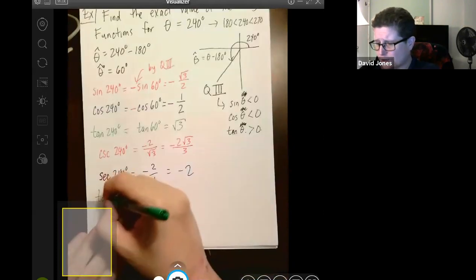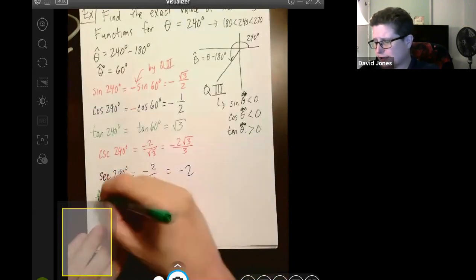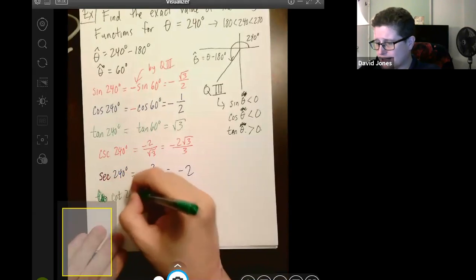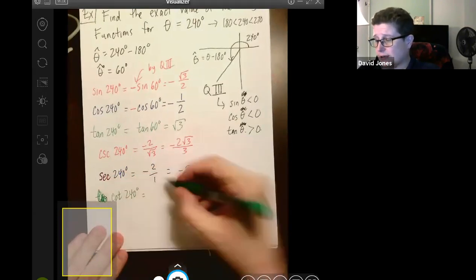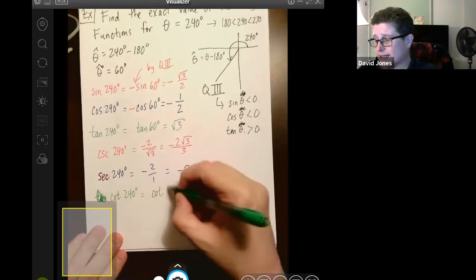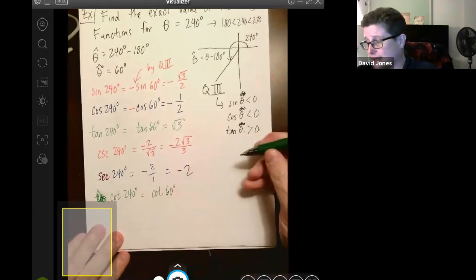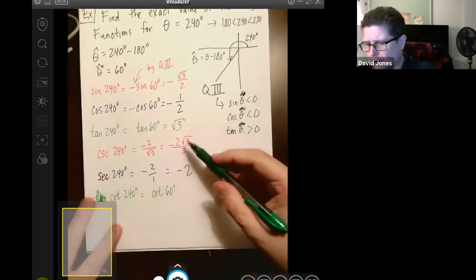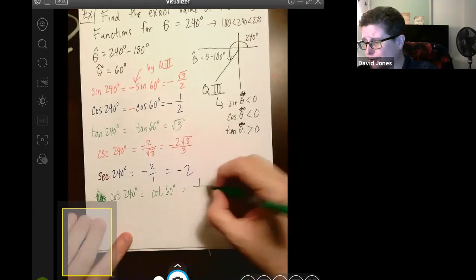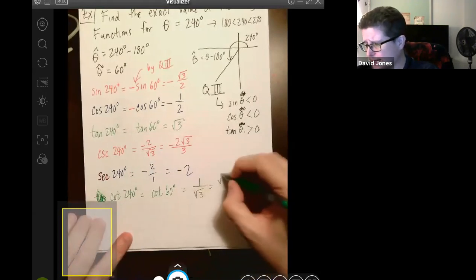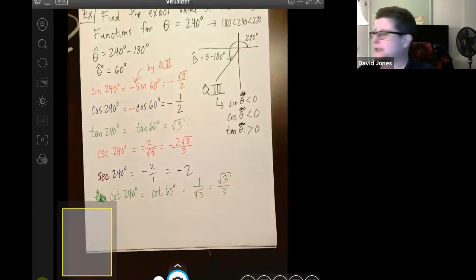And cotangent of 240 degrees is equal to the cotangent of 60 degrees. It's the same sign. We flip over tangent. It's 1 over root 3. We rationalize it, we get root 3 over 3. That's all 6 trig function values.